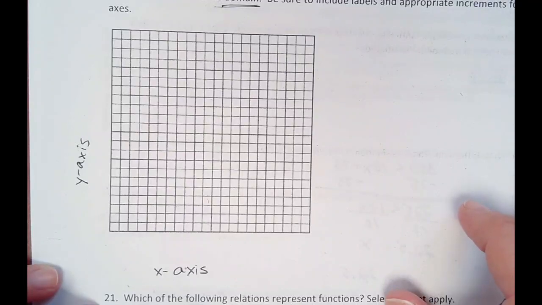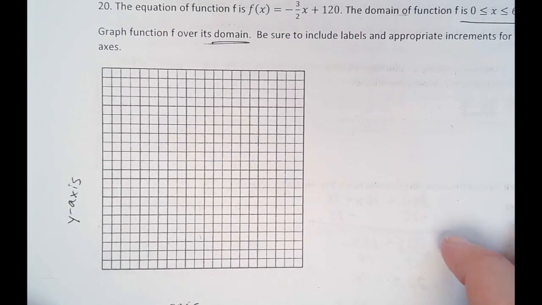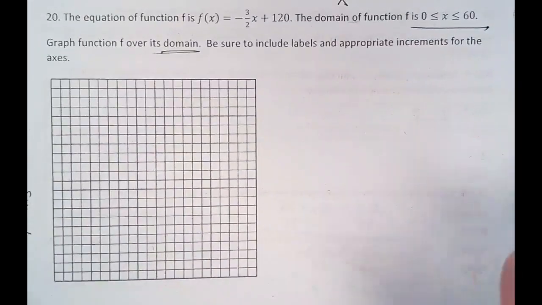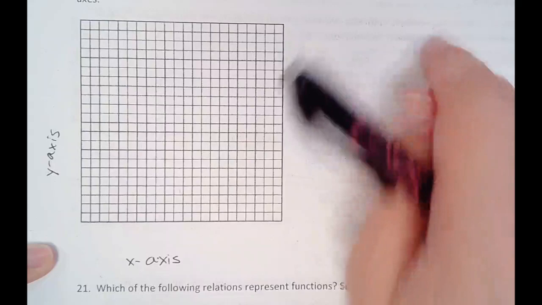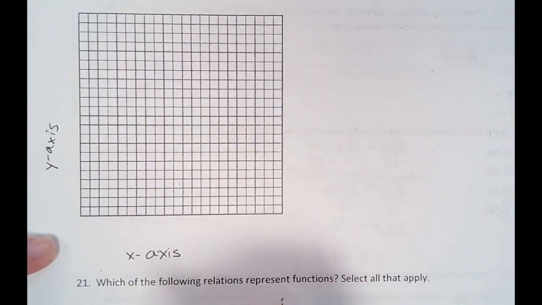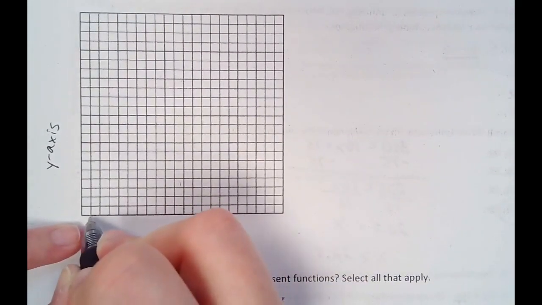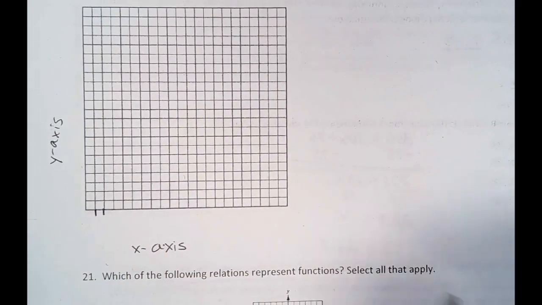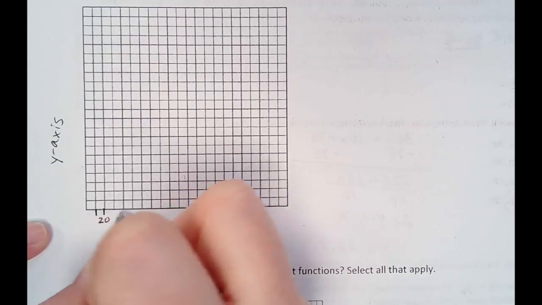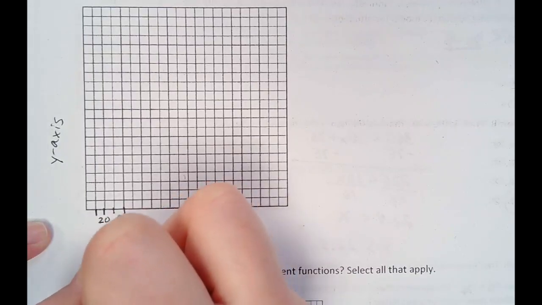So I'm going to go ahead and have my x's go from 0 to 60. I might go up by, let's go up by 20s. Actually, let's go up by 10s, but I'm going to only label every other. So this will be 20, 30, 40.